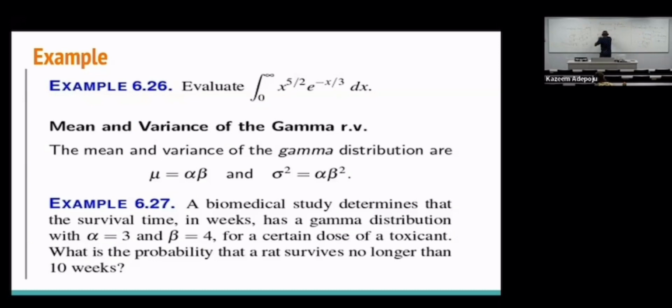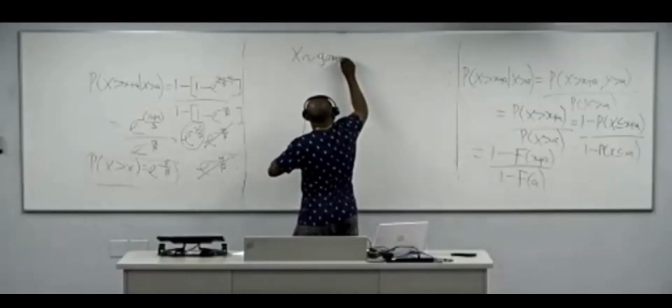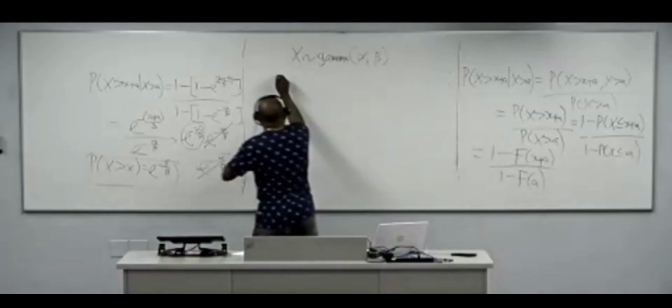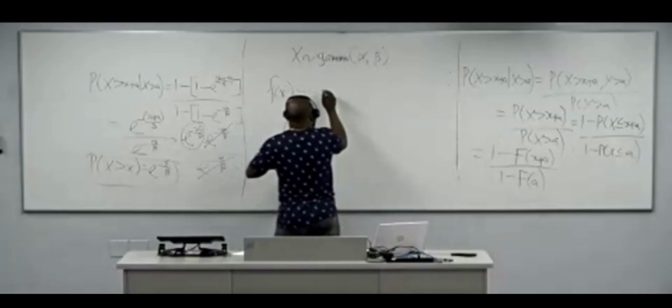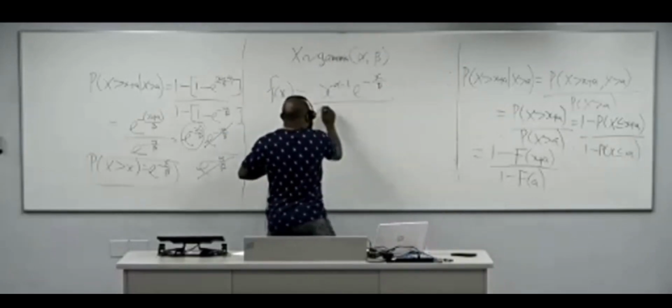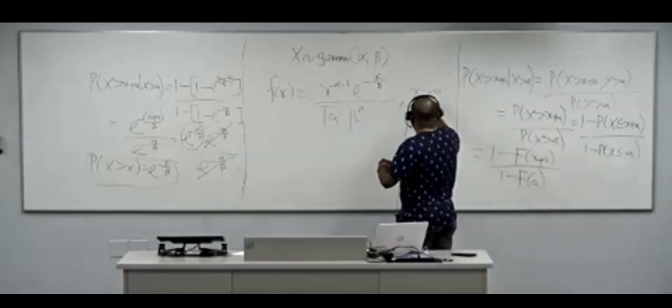I'm actually going to write that for you. You can try that. When X follows gamma with parameters alpha, beta, f of x equals x raised to the power alpha minus 1, exponential of minus x over beta, over gamma of alpha times beta raised to the power alpha, for x greater than 0.